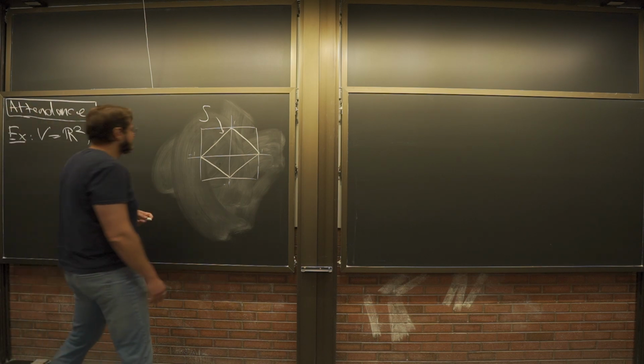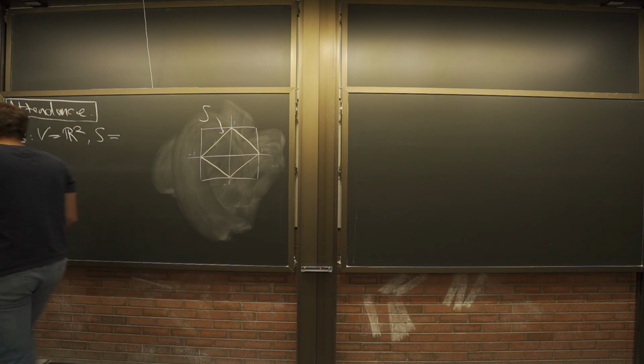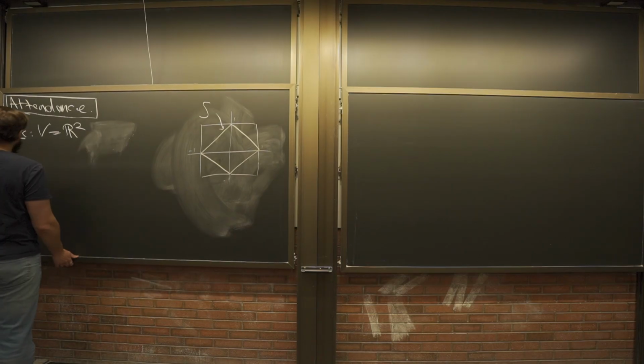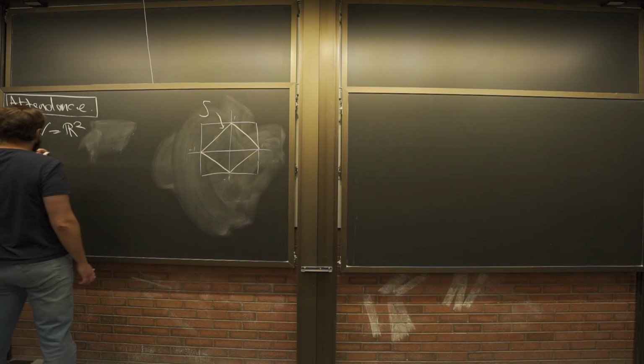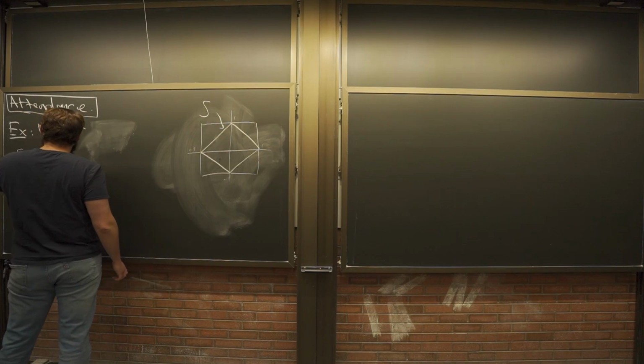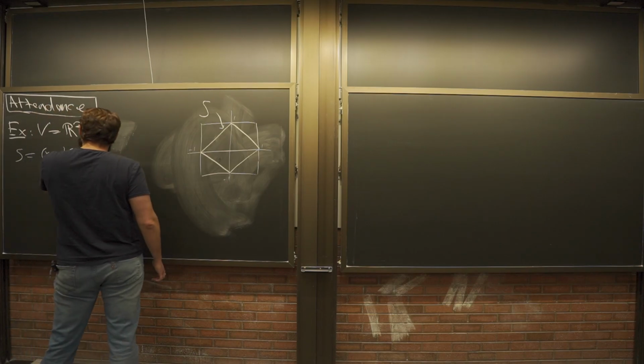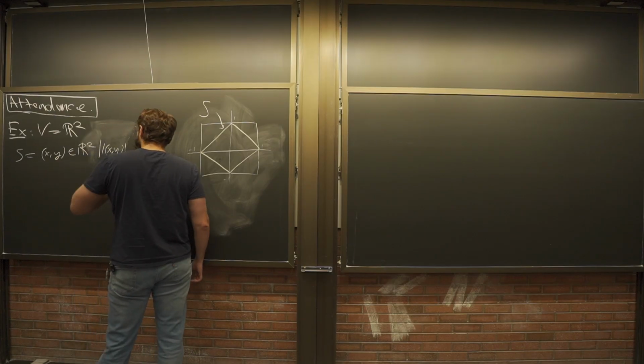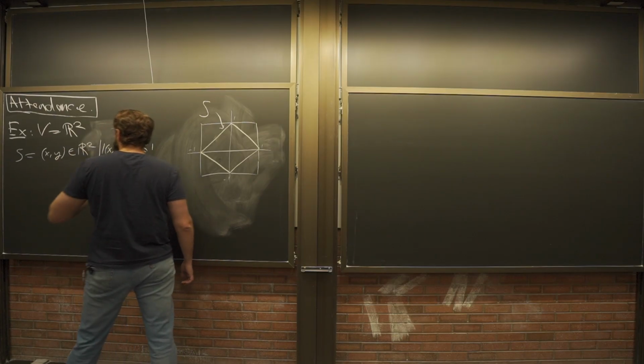That's probably the fastest way of writing it. So let's write it here. So (x, y) in R2 such that the L1 norm of (x, y) is less than or equal to 1.